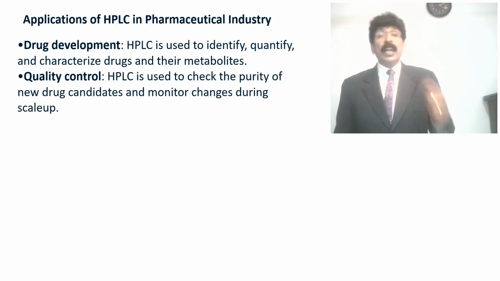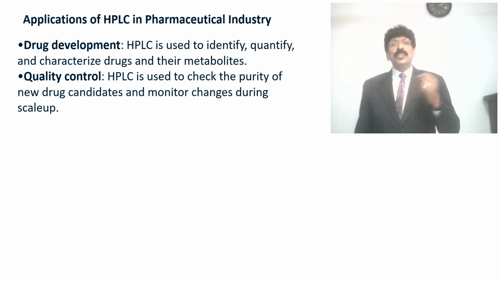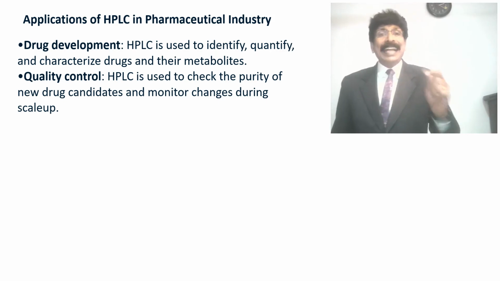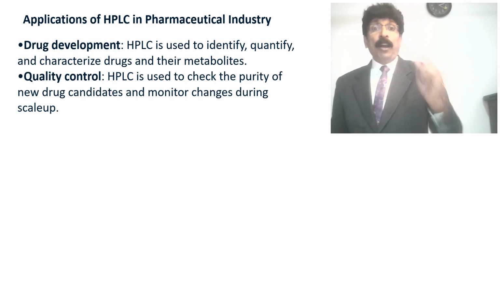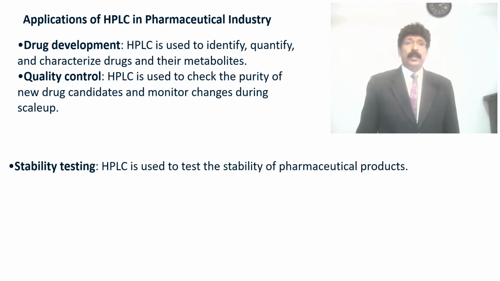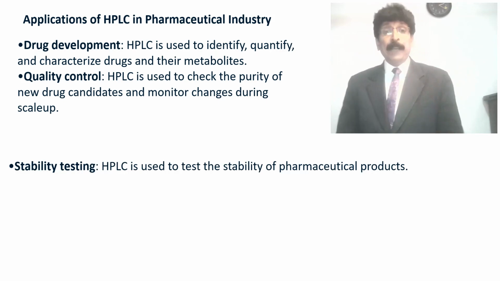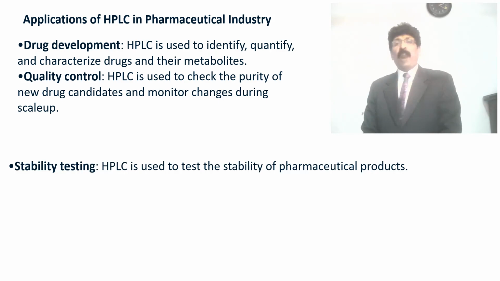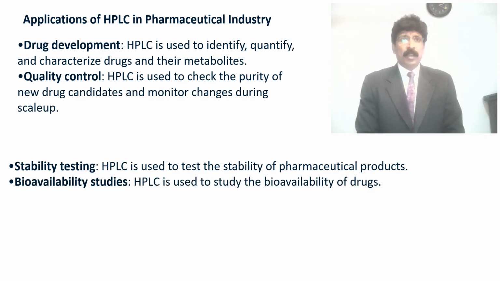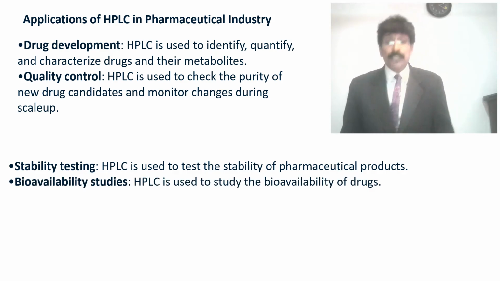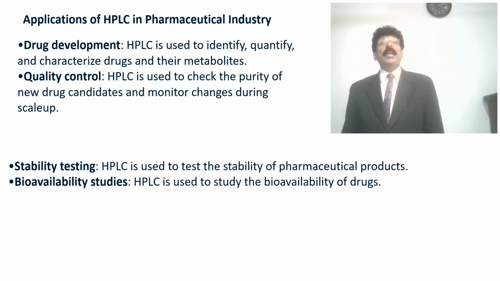Quality control: HPLC is used to check the purity of new drug candidates and monitor changes during scale up. Stability testing: HPLC is used to test the stability of pharmaceutical products. Bioavailability studies: HPLC is used to study the bioavailability of drugs.